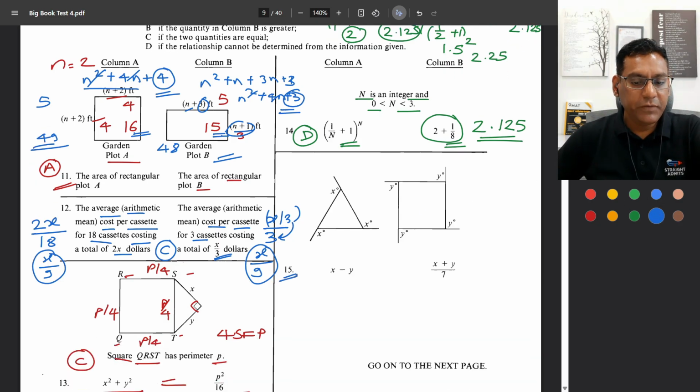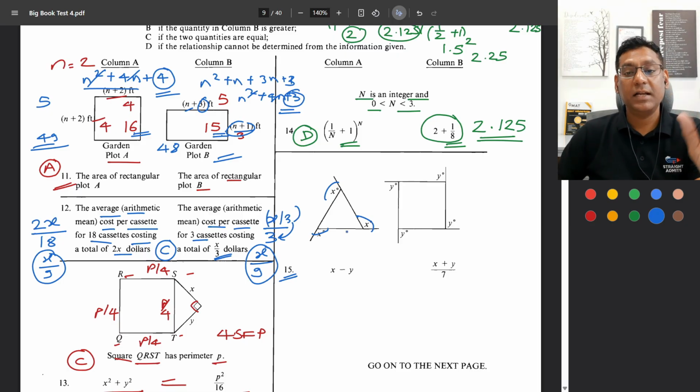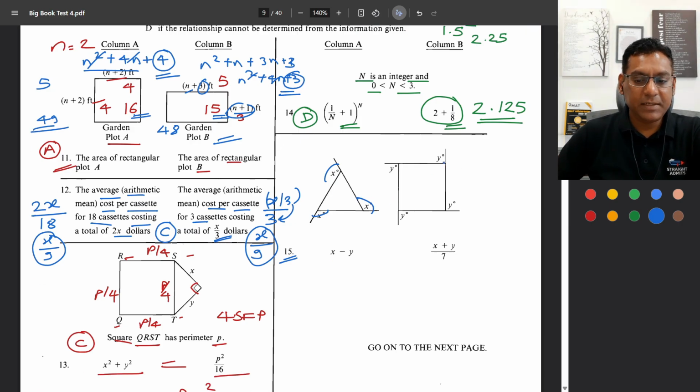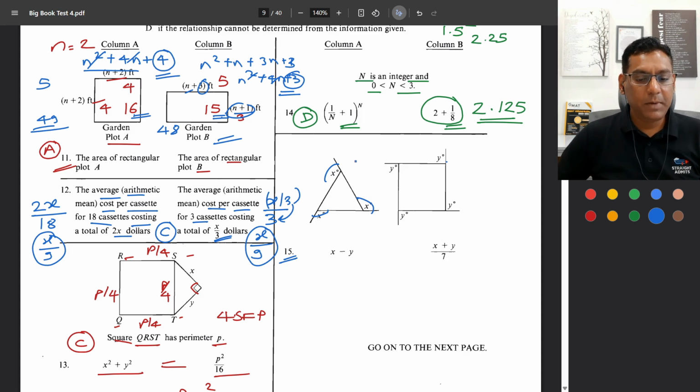Let's look at question 15. Interesting, all these are external angles. They are all the same. Intuitively, if external angles are the same, internal angles are going to be the same, so it's going to be 60, 60, 60. But let's say you didn't catch that logic, let's do it all by calculation.